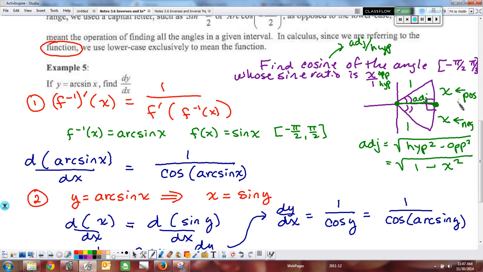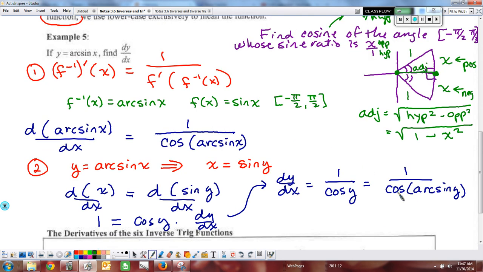Once I have the picture and I know hypotenuse is 1, opposite is x, and adjacent is square root of 1 minus x squared, then the cosine of the angle whose sine is x, and I just noticed I had a typo in this one, that should be an x, 1 over the cosine of arcsine of x, is adjacent over 1, so square root of 1 minus x squared over 1, which gives 1 over square root of 1 minus x squared.